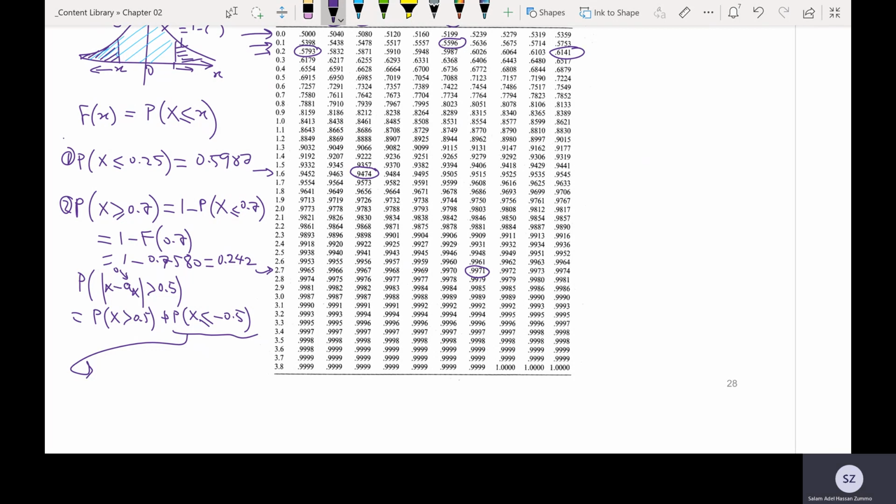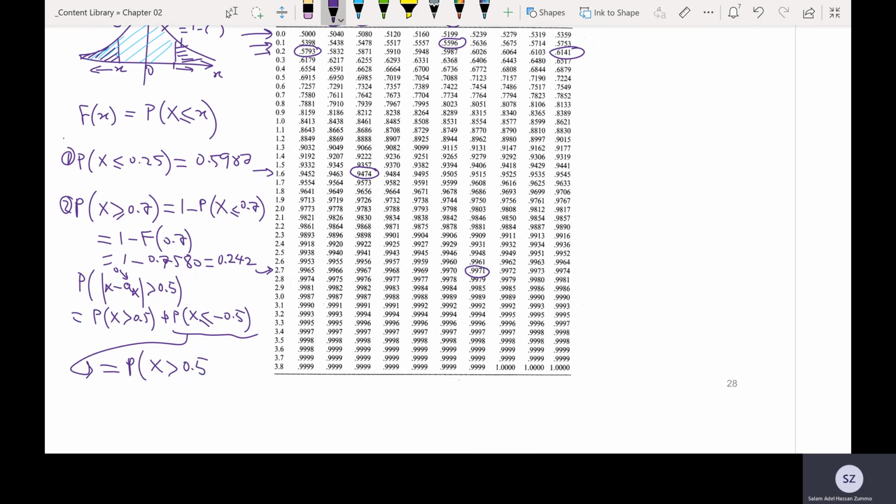Symmetry. This is equal to, so this area less than minus 0.5 equals the area which is above larger than 0.5. So this is equal to the probability that X is larger than 0.5.